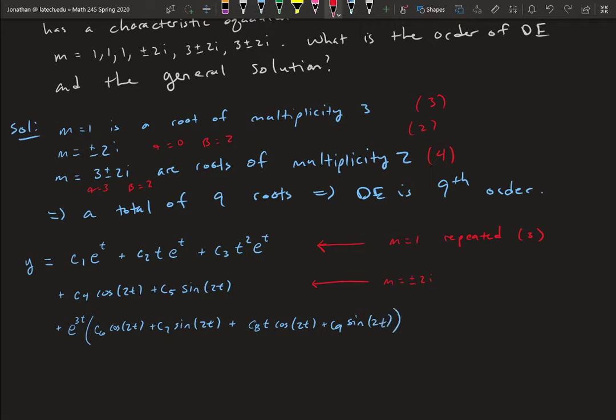And that takes care of the repeated complex root, m equals 3 plus or minus 2i repeated, with multiplicity 2. So then this would be our general solution.